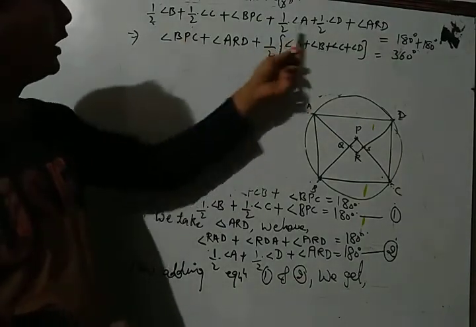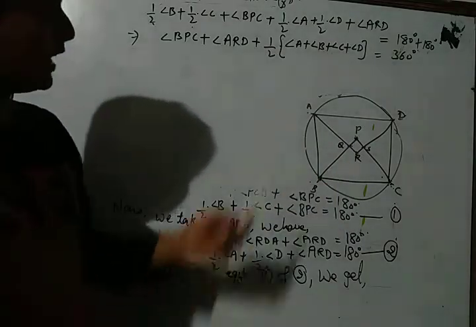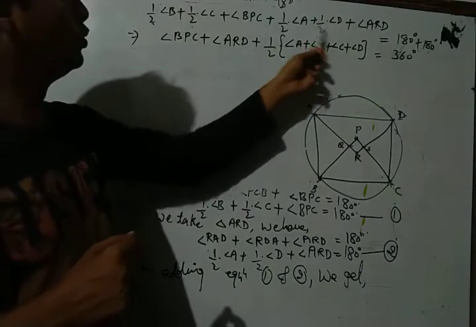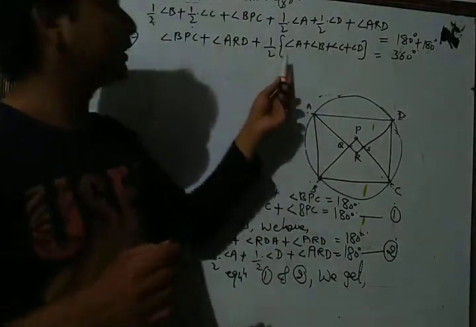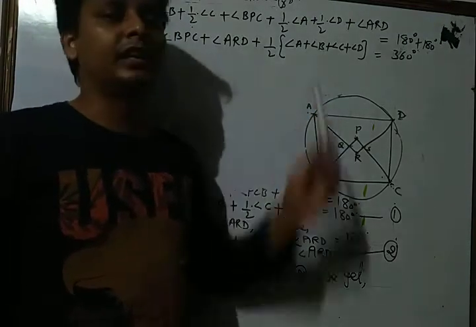We take angle BPC and angle ARD together and take 1 by 2 common, since each term contains 1 by 2.